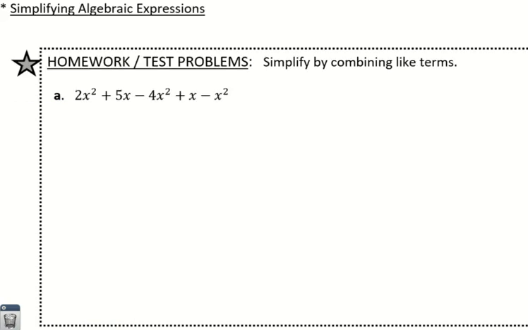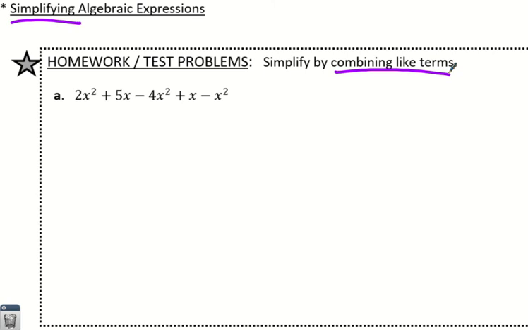The next problem is about simplifying. In this problem, we're going to simplify by basically combining like terms. So hopefully you're not too rusty on what like terms are and how you properly combine like terms in order to simplify an expression. Remember, like terms have to be terms that have the same variable with the same exponent.